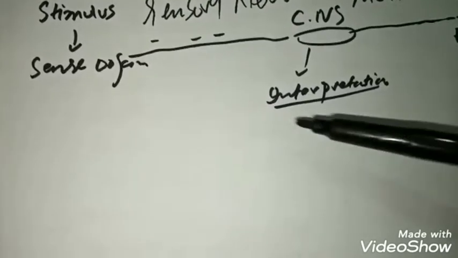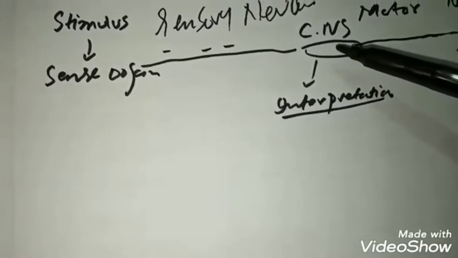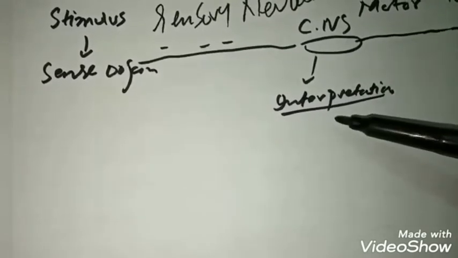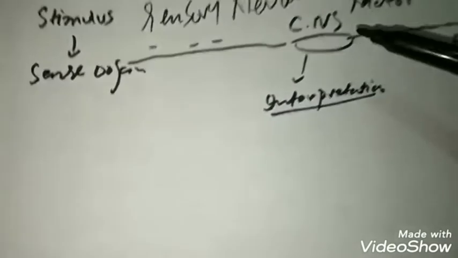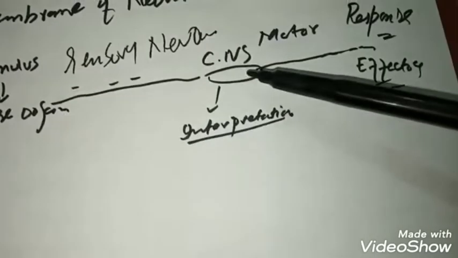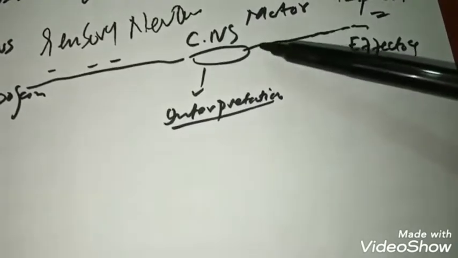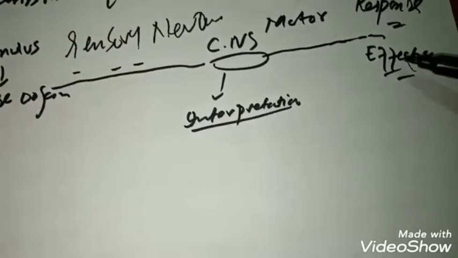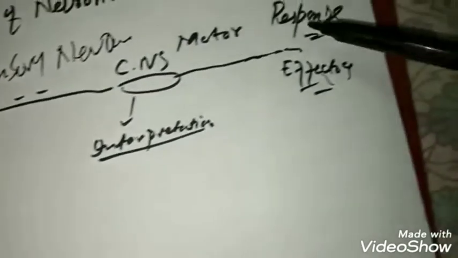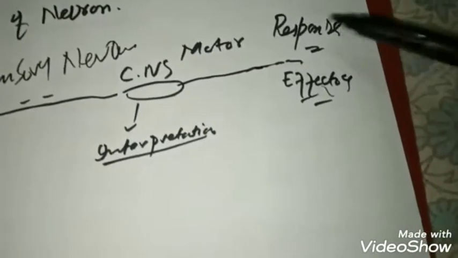In the next lectures we talk about the role of the central nervous system, and about interpretation. After interpretation, the central nervous system gives its order through motor neurons to the effectors, and in case of a stimulus, effectors do some work. This is called the response to a stimulus.